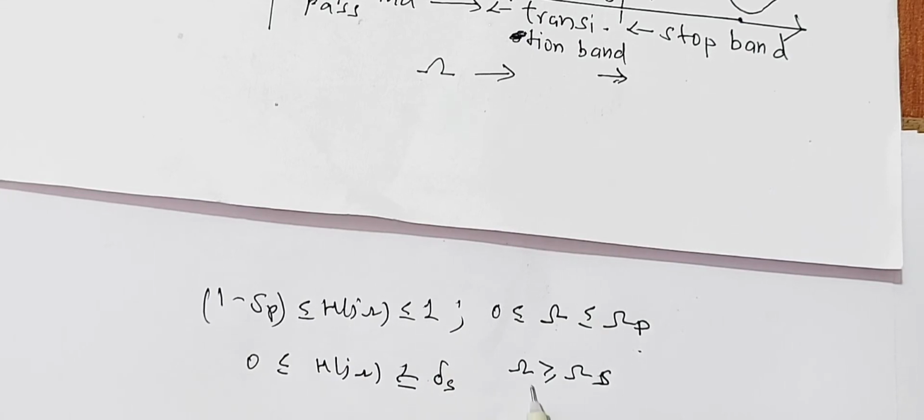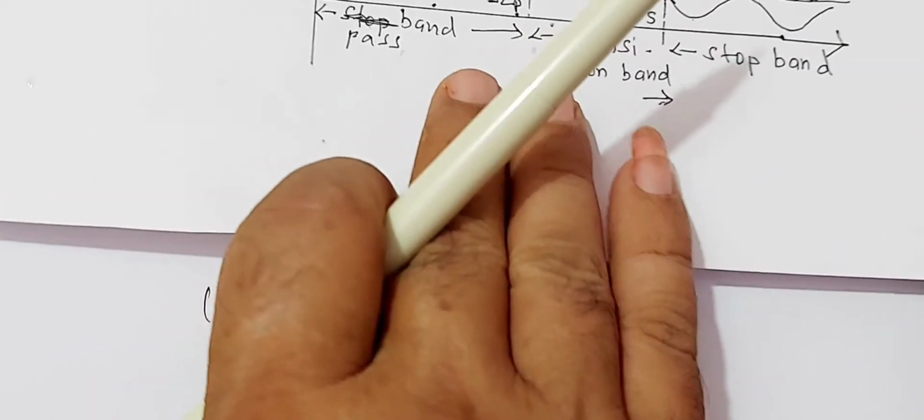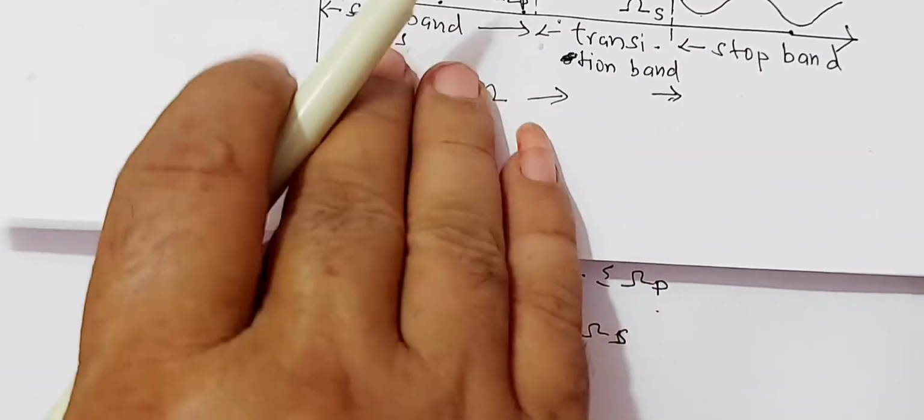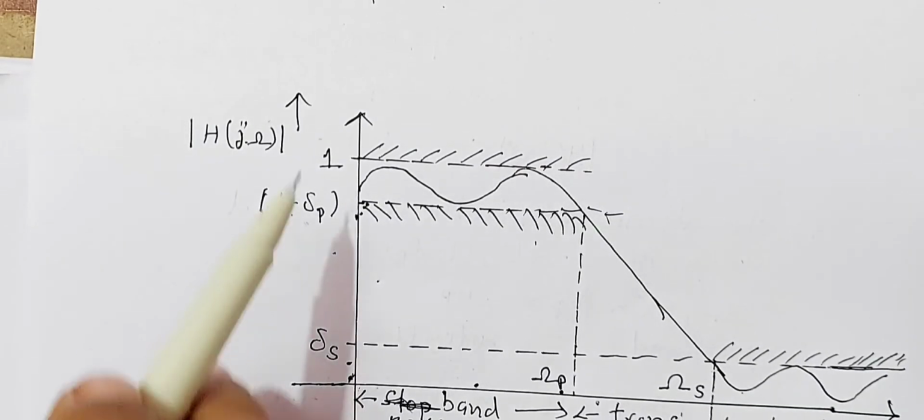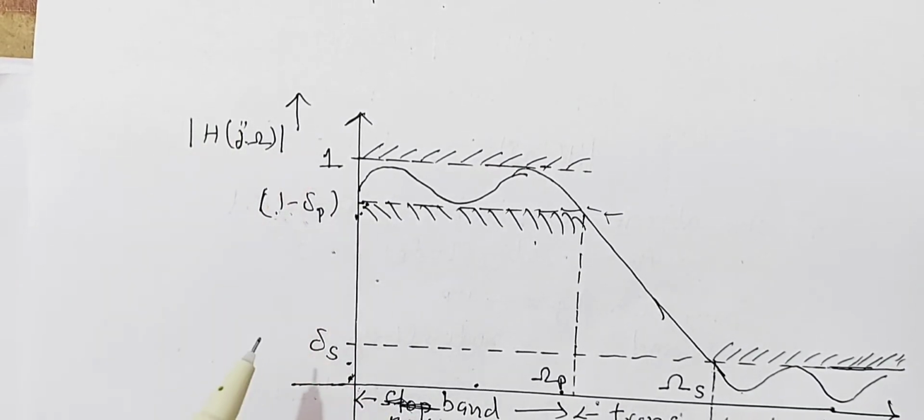So in the pass band, output voltage is 1 minus delta P to 1, that is almost 1. In this region, when the frequency is greater than or equal to stop band frequency, the output voltage is almost 0, because delta S is a very small value. This is the specification of analog filter. And I will consider this magnitude frequency response in terms of decibel value.